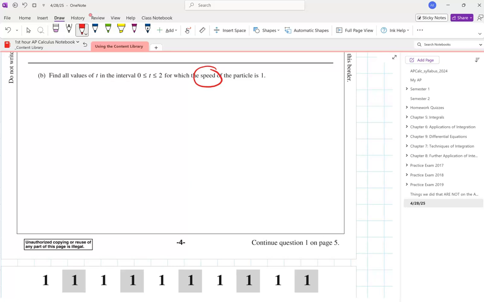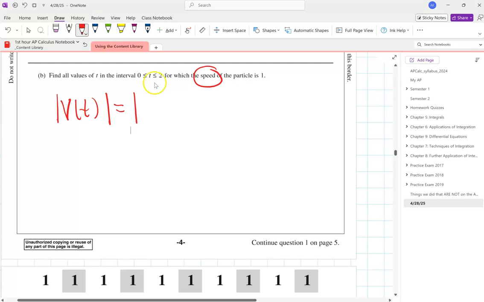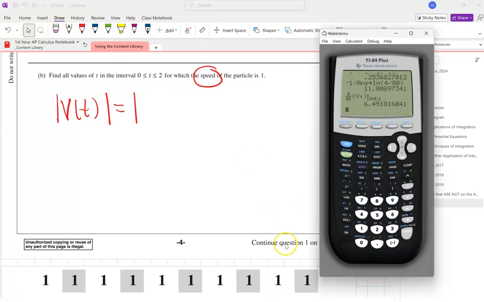All right. So that's what I'm writing on my sheet of paper. But the rest of this is all going to be done in my calculator. So I'm going to turn off my graph for y1.